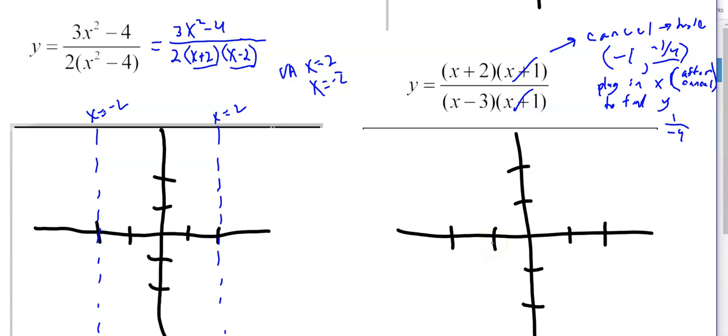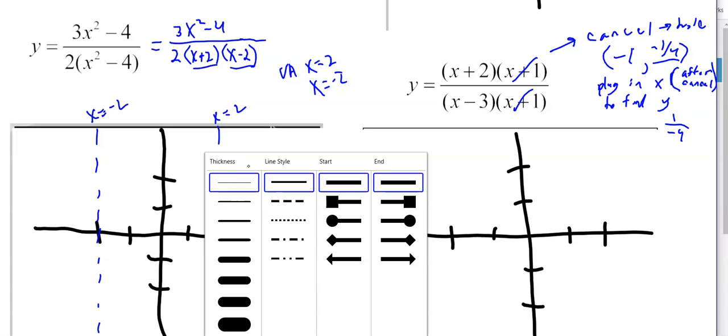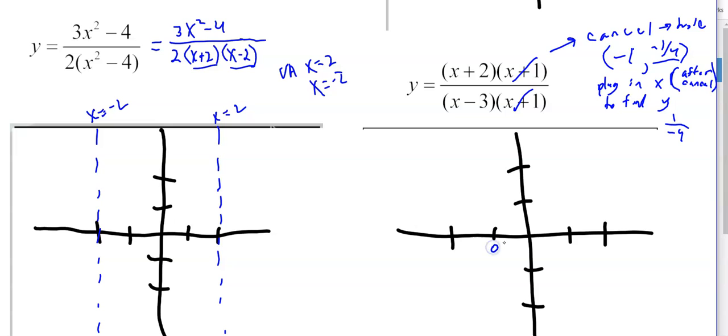So let me get that out of the way so you can see what I'm trying to draw here. So -1, -1/4. There's a little tiny hole in the graph, I drew kind of an open circle there at -1 comma -1/4. So that's going to be a hole in the graph. We'll get to that in just a minute as far as what it looks like when you actually graph it.